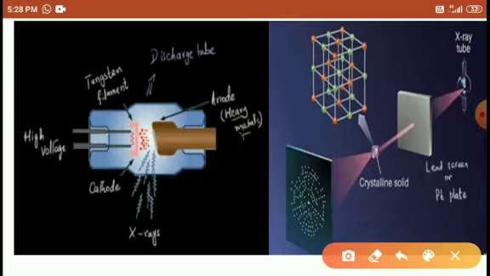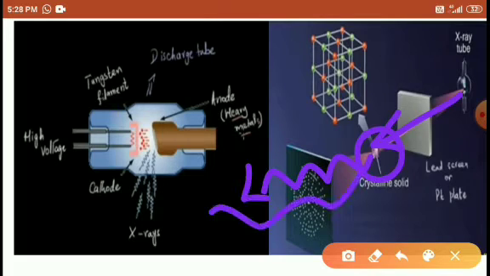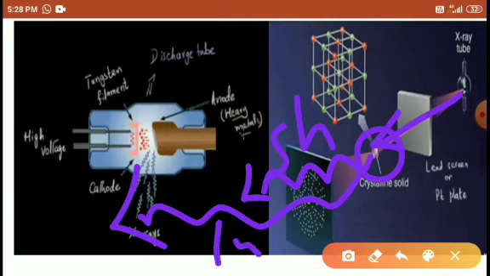When X-rays fall on the atom, different frequencies of radiation are emitted, shorter and longer. The shorter frequency we call the K shell, the longer frequency we call the L shell, and a still longer frequency we call the M shell. That is how he distinguished them.